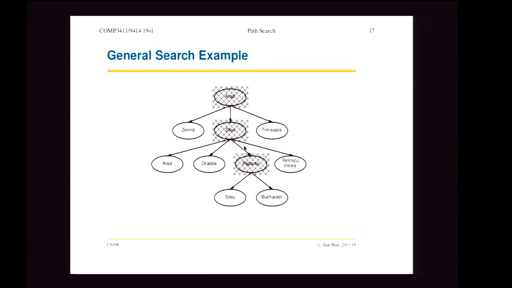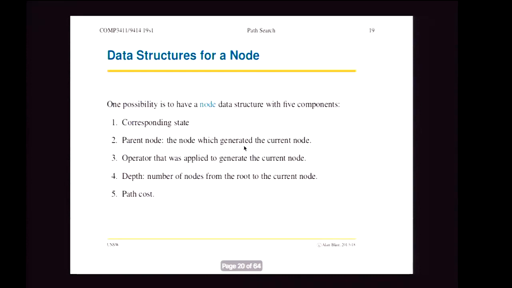And usually with the nodes we store a bit of extra information. If you were going to implement this in Java or Python or some other language, this is the sort of information you would normally keep with each node. We're going to mainly be looking at Prolog. You would try to remember what its parent node is and what operator was applied to get from that parent node to this node, and so on.